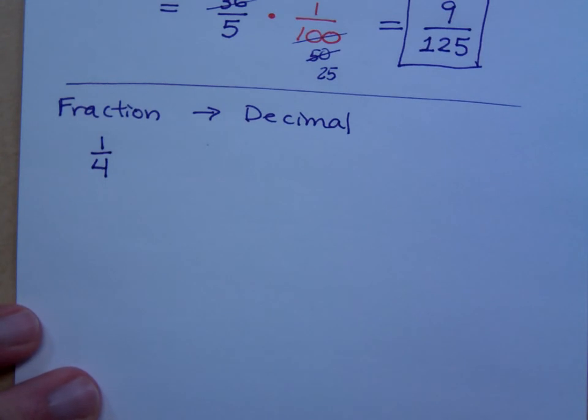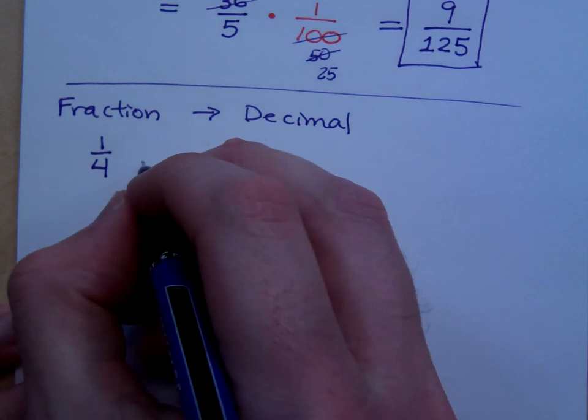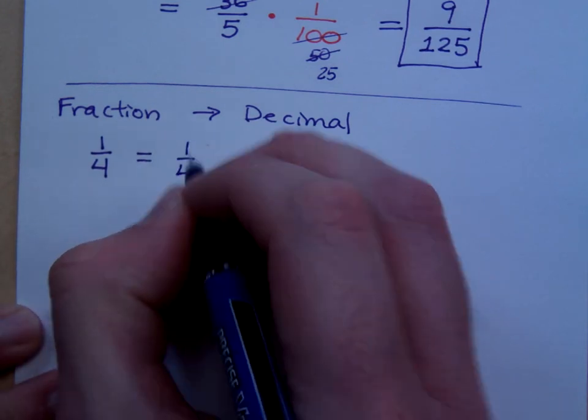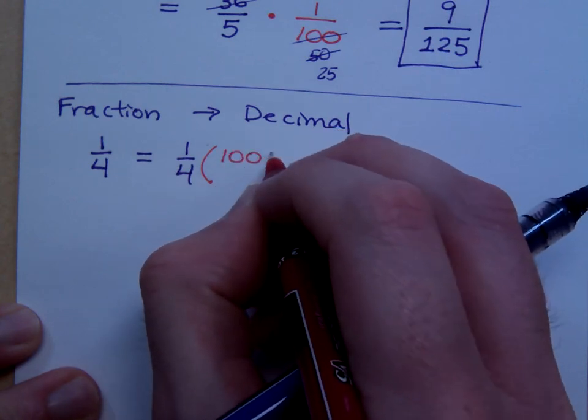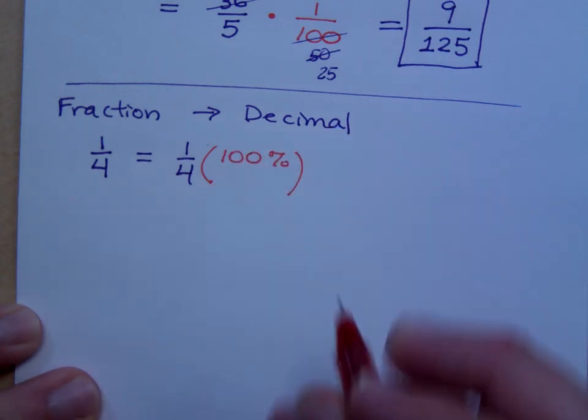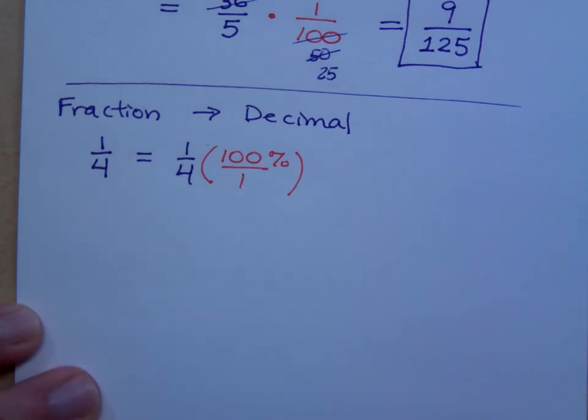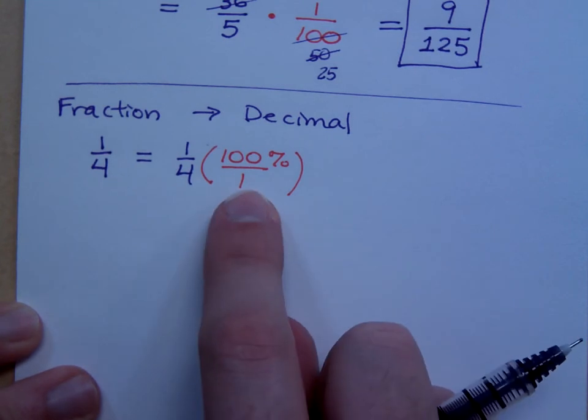To convert to a decimal, all you have to do is multiply this times, check this out, 100%, and you can look at this as 100 over 1. Do you know what 100% is? What does 100% literally mean? 100 per 100. And what's 100 per 100? 1. So I'm really just multiplying times 1.